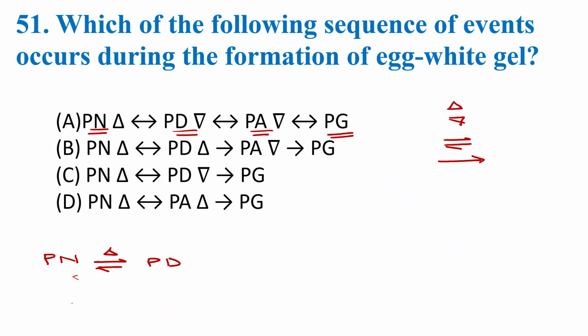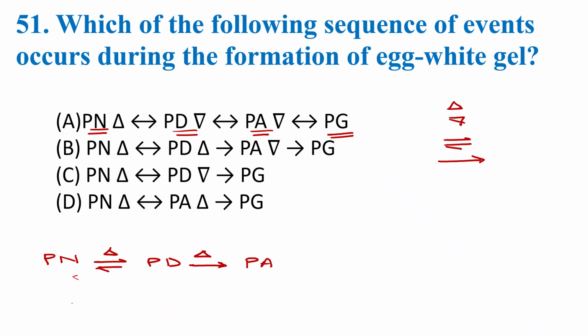Now, if we give more heat to it, what will happen? It will start to aggregate. The denatured protein sticks together, so it will be an irreversible process. So upon more heating, it will start to aggregate.